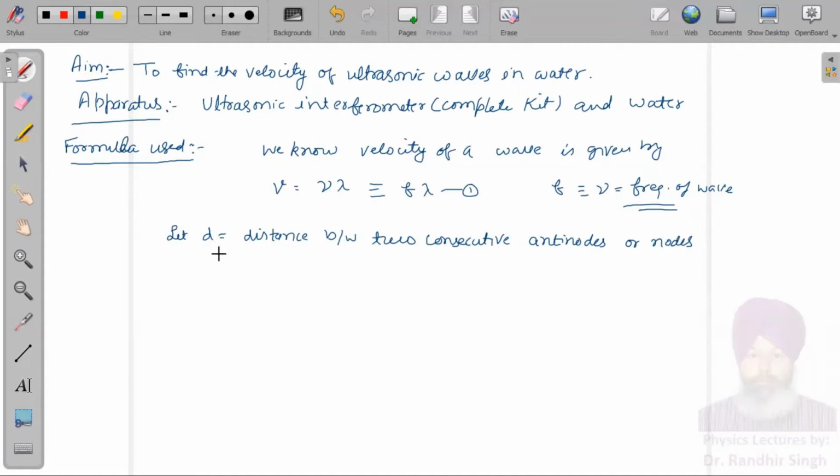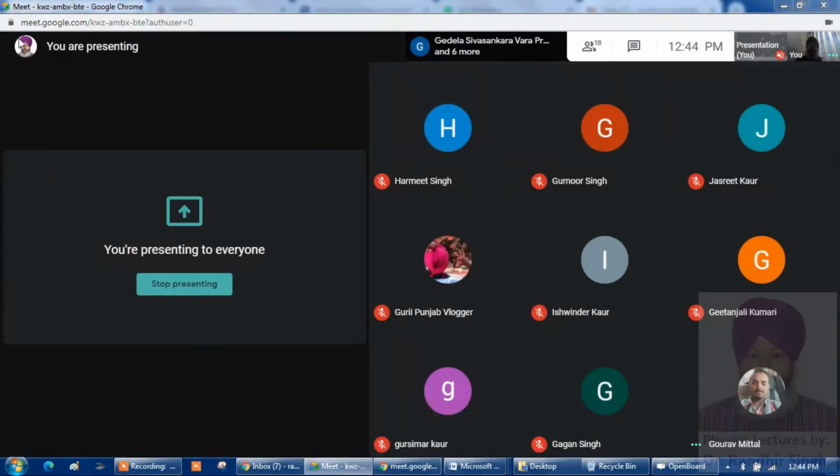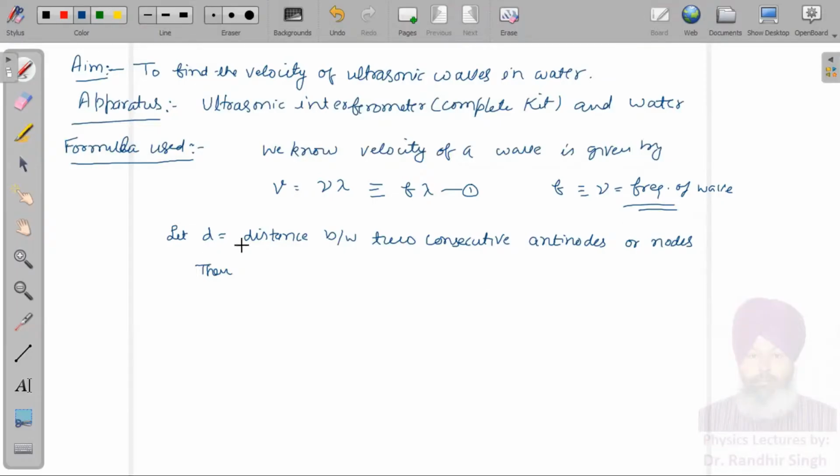Then we can write, and you have studied this in your school physics, that distance between two consecutive antinodes or nodes is given by d is equal to lambda by 2, or lambda is equal to 2d.